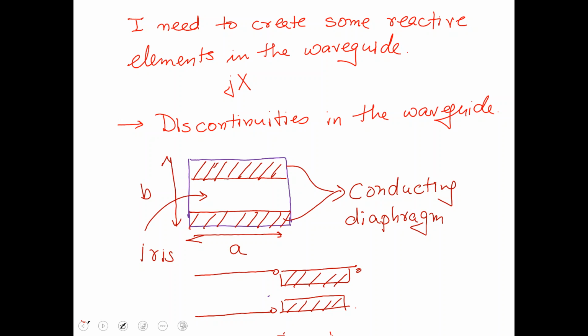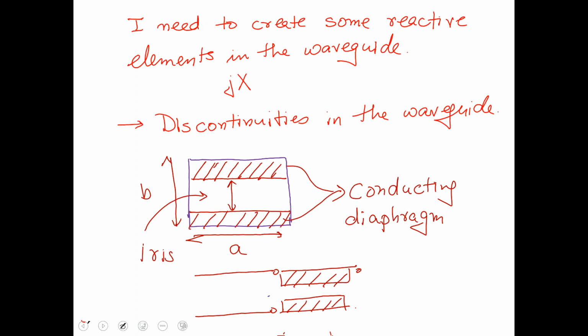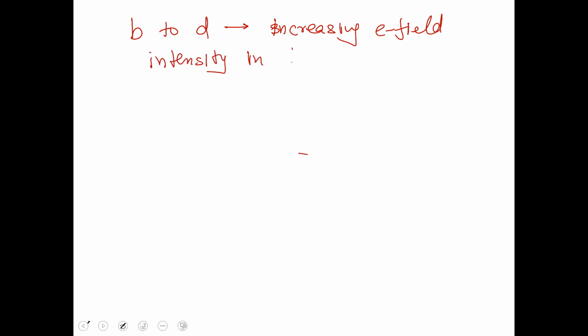If we reduce dimensions from b to d, d being this dimension here, there would be charges coming on that conductor, so the electric field would be affected, basically storing or increasing the electric field intensity in the iris region.